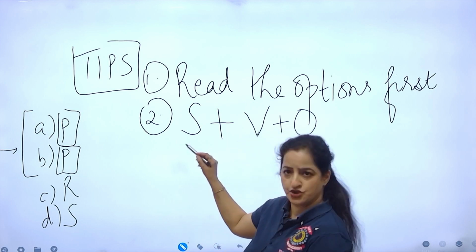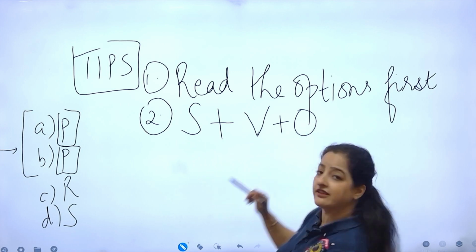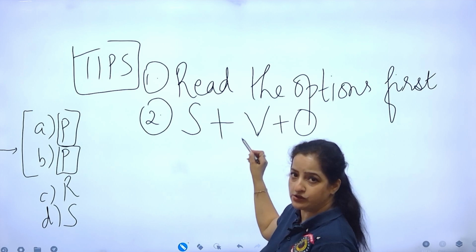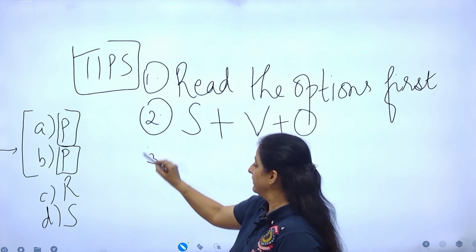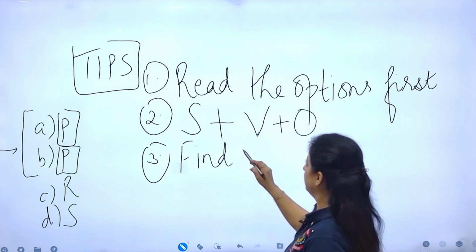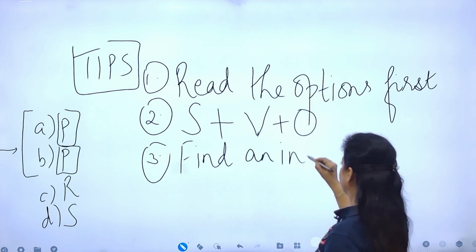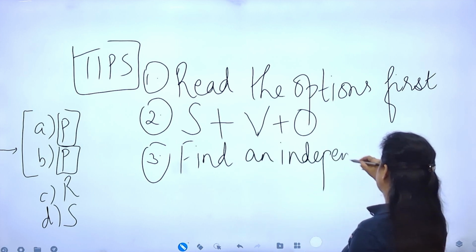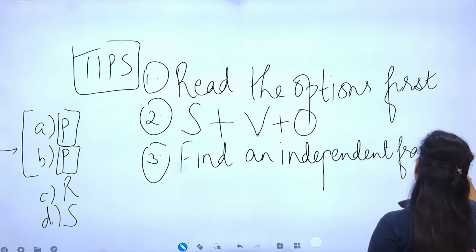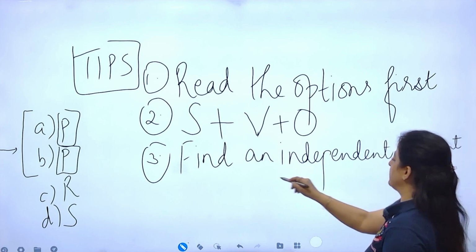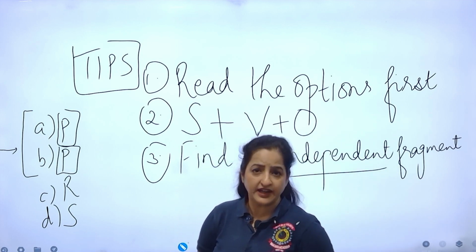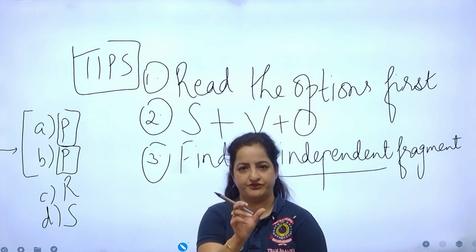Subject is the doer of the action, and the object is the receiver of the action. You could get a helping verb also over here. Essentially, what you need to do is find an independent fragment. Out of PQRS, you need to see which one is independent, and you are going to begin with that. That one would be your first fragment.